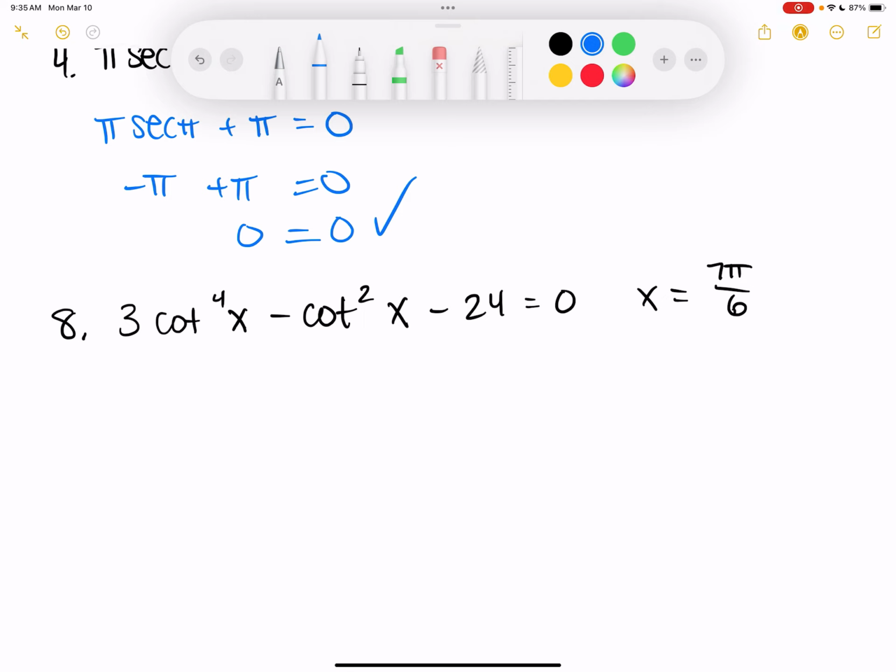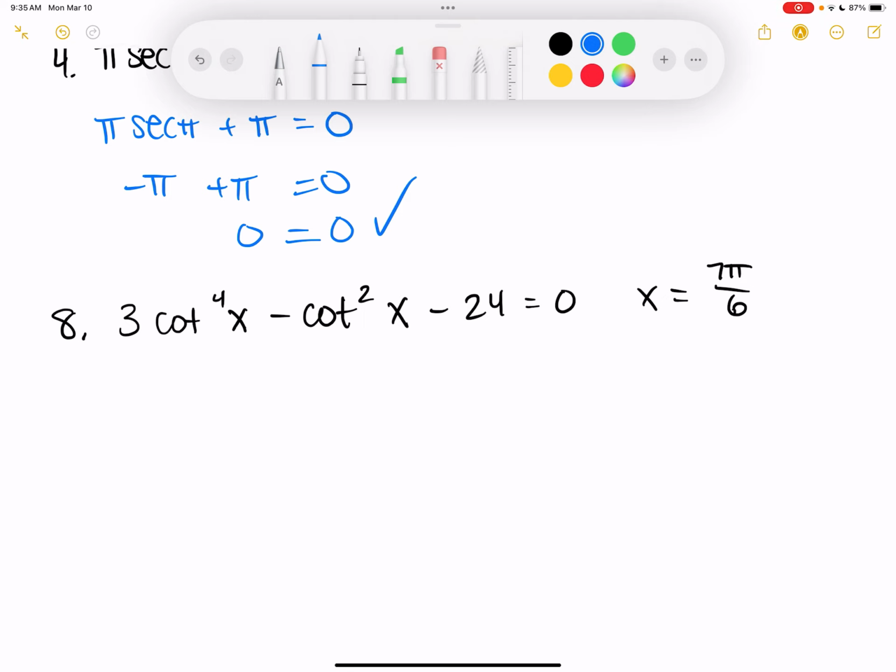recommend doing is I would rewrite the 3 times the cotangent to the 4th of x as cotangent of 7 pi over 6 raised to the 4th times 3, so that if there's a negative in there when I'm done, I make sure that I'm paying attention to the exponent being raised to the 4th. Because a lot of times if you just plug in 7 pi over 6 and whatever, and I don't know off the top of my head, but whatever that ends up being, people get confused about it being raised to the 4th or being squared or whatever, okay?